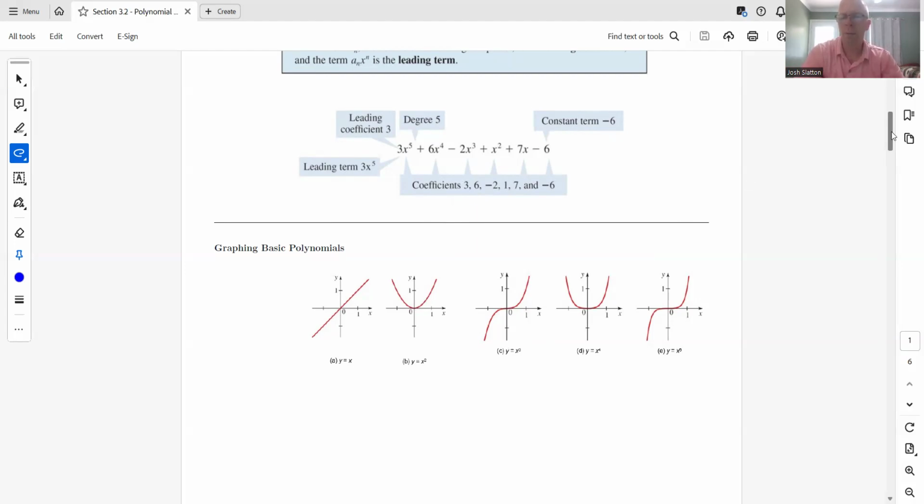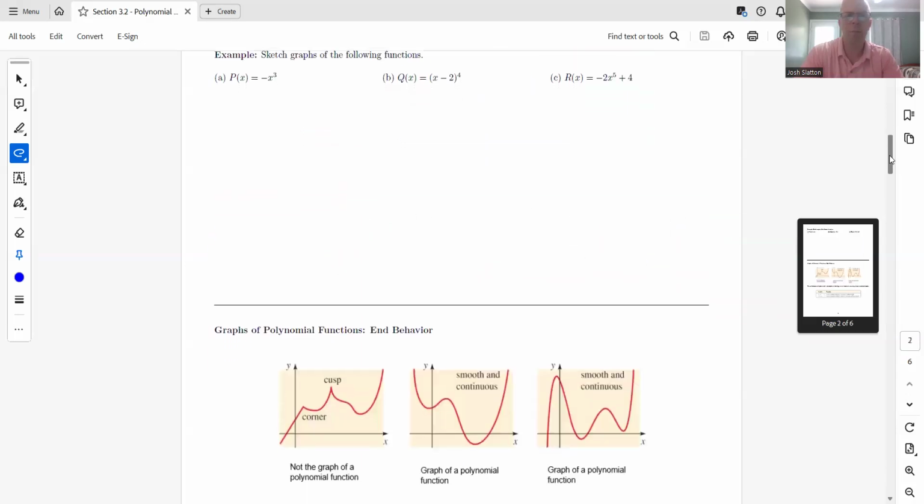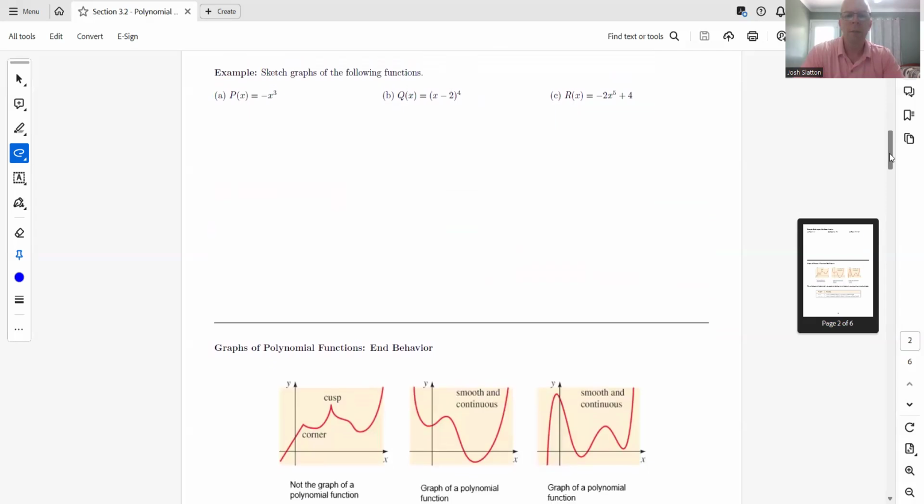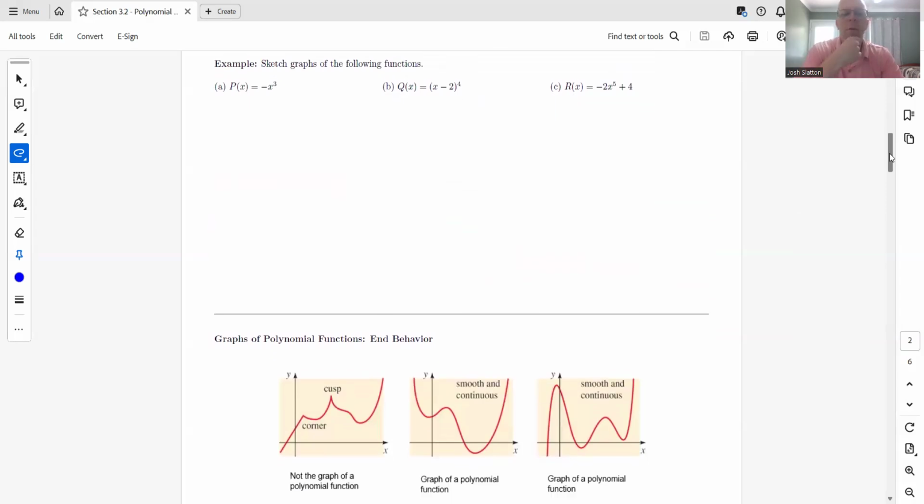Putting a negative in front flips it upside down. So all those still apply, but we're going to be looking at more complex polynomials, so not just a single term most of the time. So we'll have different ways to graph these besides just using transformations. But for these first couple of examples, we are going to use transformations.